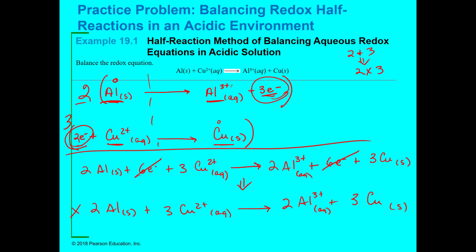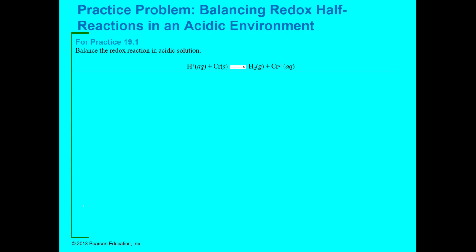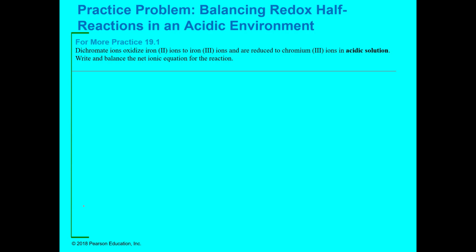And then this is what I had left over. And so that is the balanced chemical equation for Al solid plus Cu2+. Notice I'm telling you they're in acidic solutions, okay, because that's important for you to remember when we get to the difference between the two.